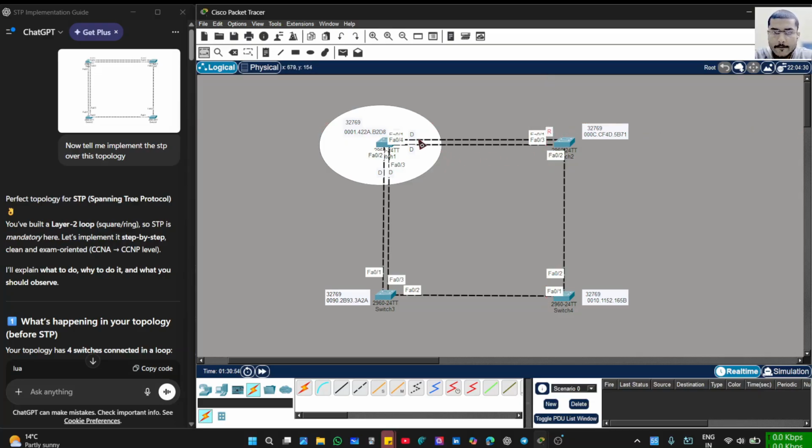It means the redundant link would be based on the next device. So the next device is the switch one, and for the interfaces connected to it, we have to select the neighbor device port cost, the one which is the minimum. So that would be the redundant link for this. This is the thing about this.